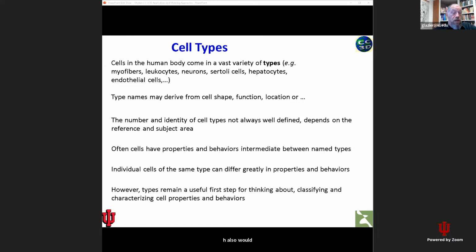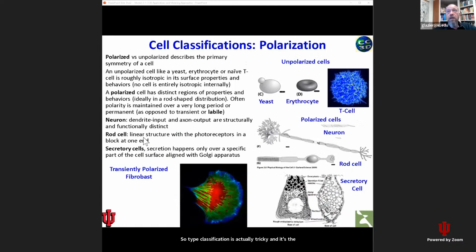And I could define within those categories 2020 Toyota Camry, 2021 Toyota Camry, and so on. And so the way I define my names will define a little bit how I think about the problem. It's not that you can't switch when you're doing that, but it actually does have a big effect on the way you think about problems. So type classification is actually tricky, and it's the first step for thinking about how to organize.